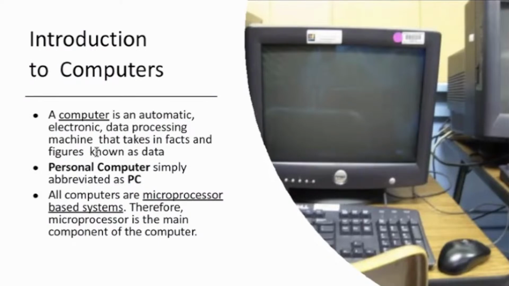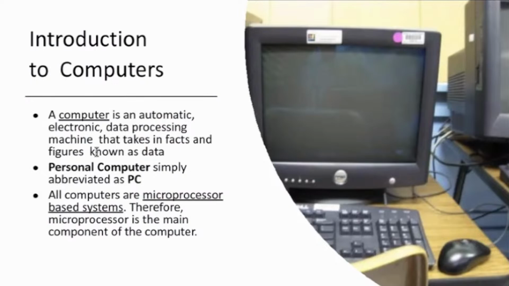Microprocessor is the main component. Okay, so if you are going to buy a new laptop or new PC, you have to focus on this microprocessor. It has i5, i7, then AMD versions, AMD Ryzen 7, Ryzen 5.